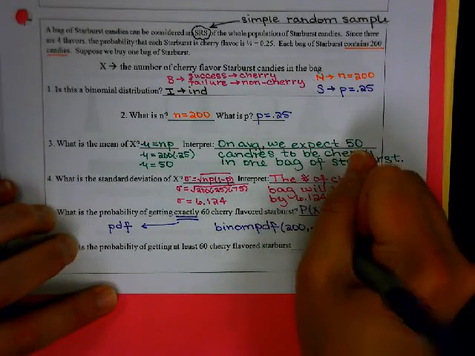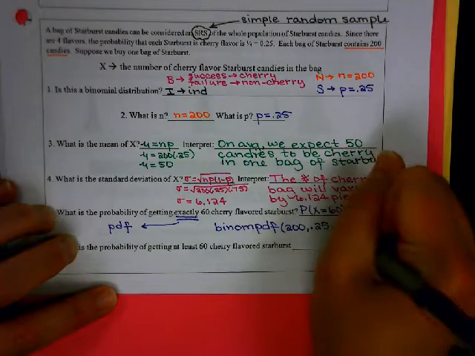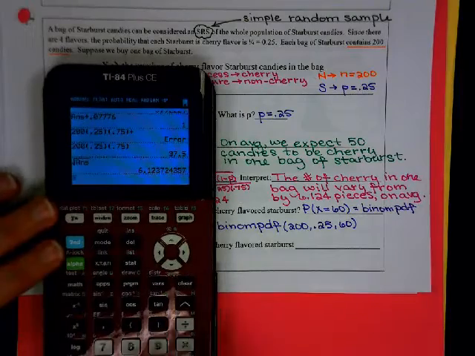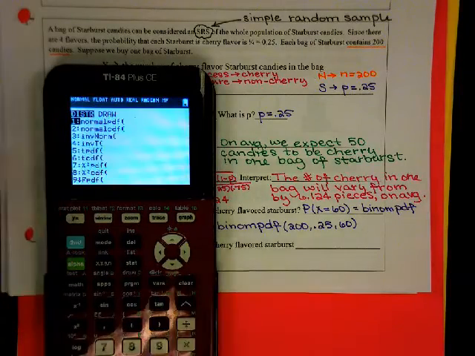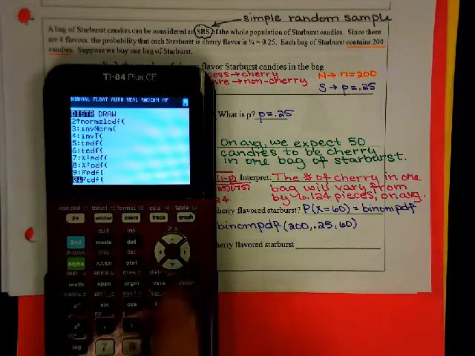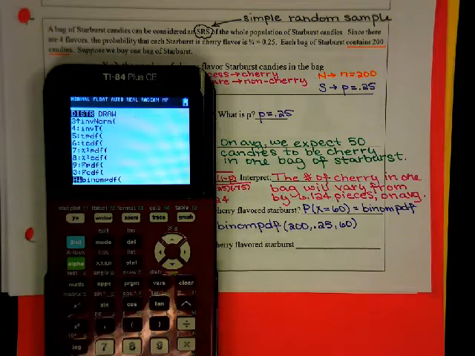So we're going to go to second bars, just like normal PDF, but we have to scroll way down to A, binomial PDF. Like I said, newer calculators prompt you, older ones don't. Remember, in the older one, put a comma in between the numbers.